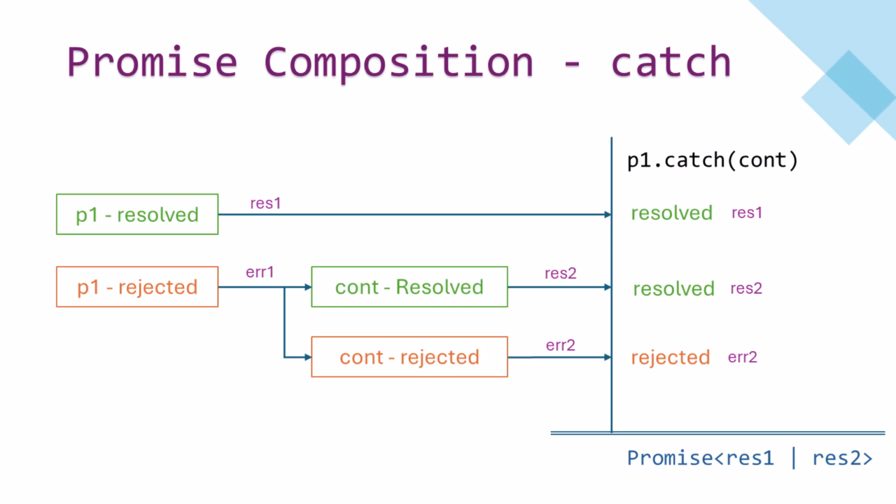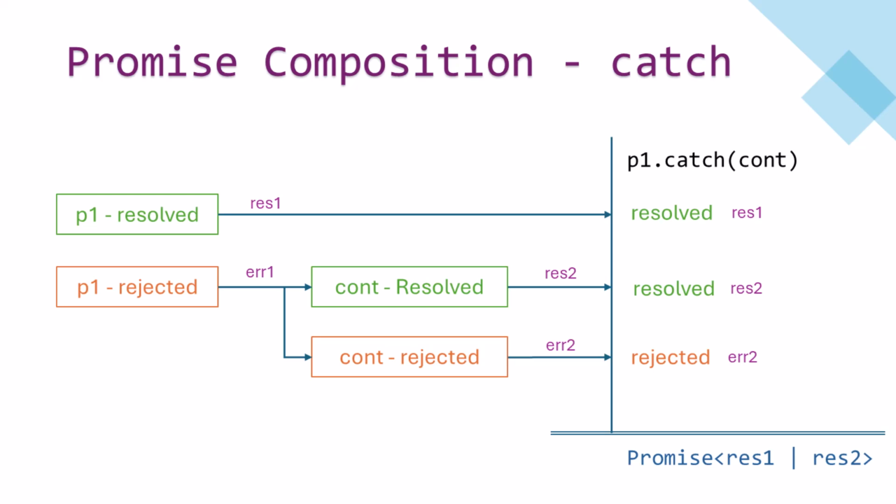If we look at the TypeScript, we see that the type of promise that catch returns is promise of string or number. That's because the original promise returns a number and the continuation promise returns a string. So if the original promise succeeds, we'll get a number. We'll get that specific number.